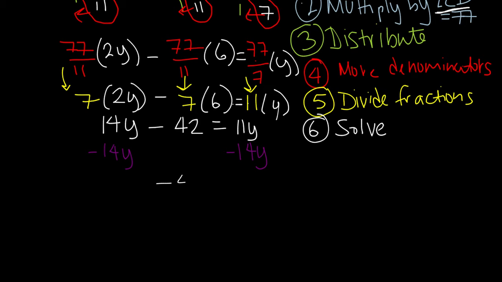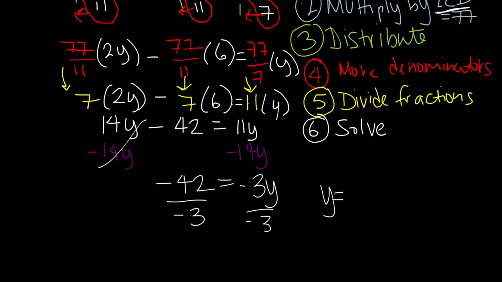Then I get negative 42, because those cancel out, equals negative 3y. Okay, and then last step to solve, divide by negative 3. And that negative 42 over negative 3 is 14. So we get y equals 14.